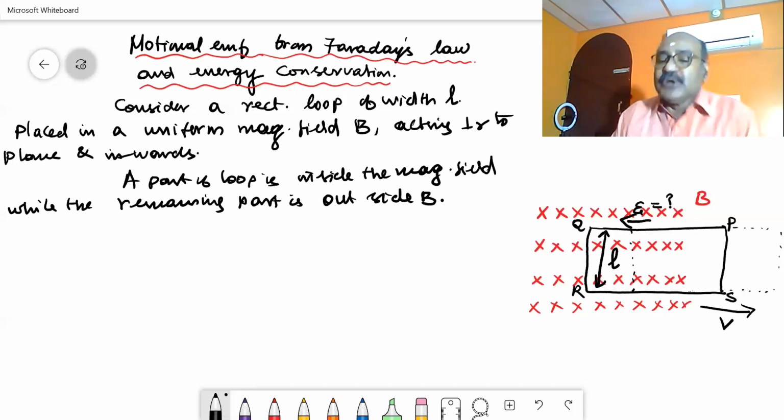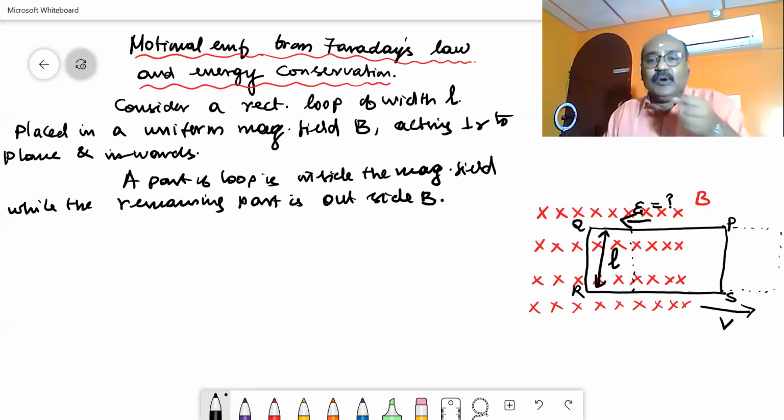Now I am going to pull that loop towards the right with the velocity v.